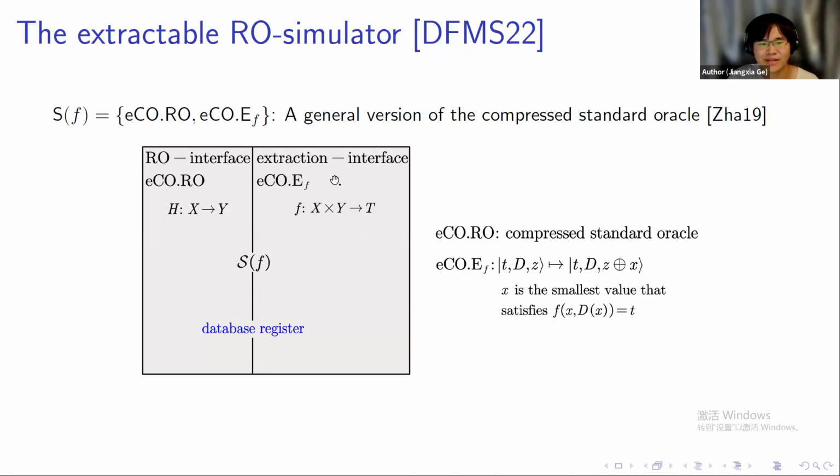The extraction interface is defined relative to a function f that maps the oracle input-output space into a space T. The extraction interface can also be viewed as a unitary operation that maps the basis state |x,d,z> into the state |x,d⊕x,z>, where x is the smallest value that satisfies f(x,d_x) equals t. So the extraction interface is usually used to extract some information from the database state.